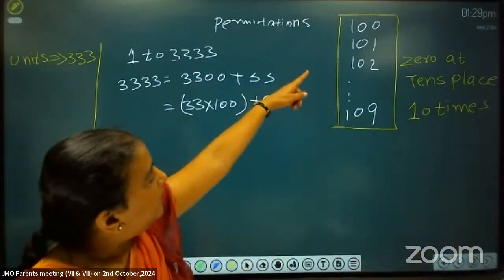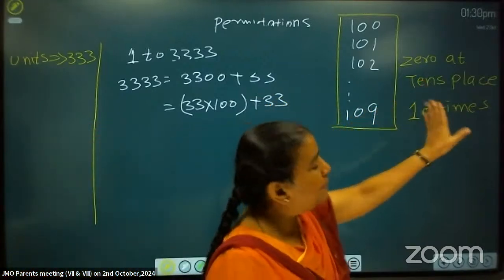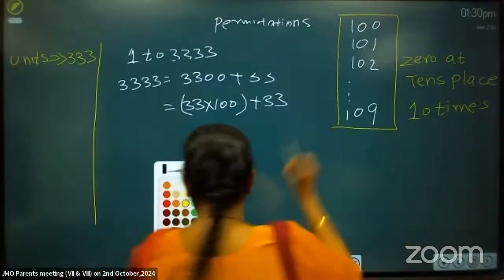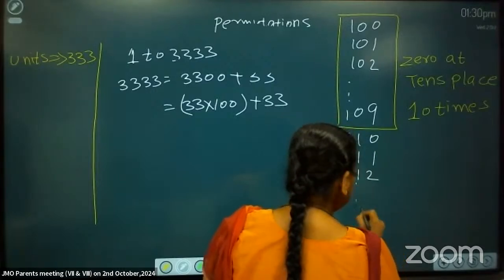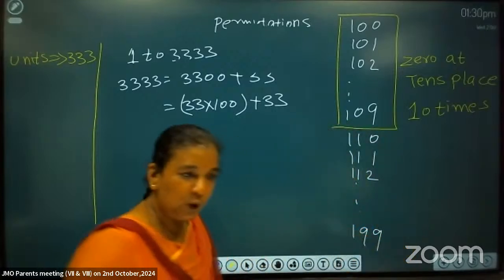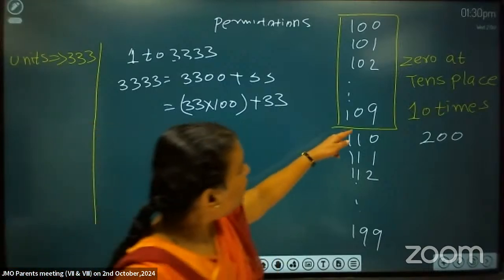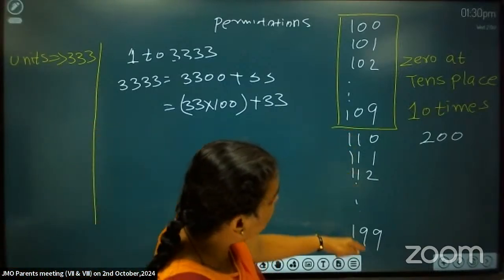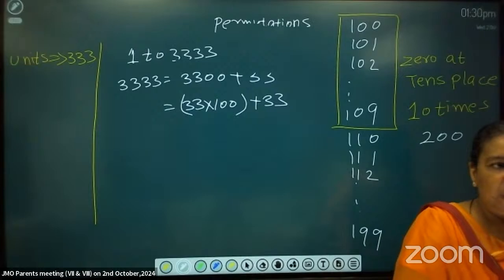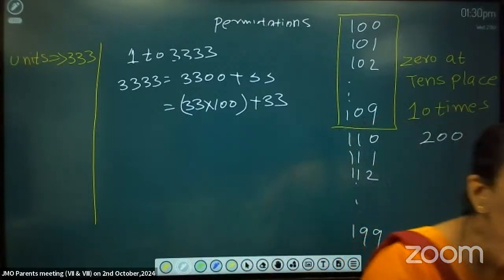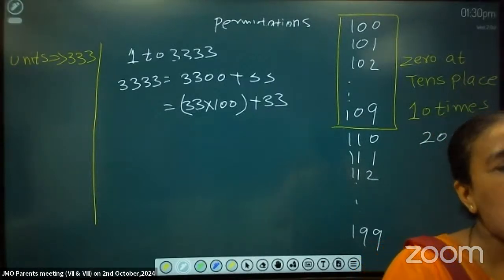Now if I write 110, 111, 112 and so on up to 199, because after 199 I am going to get 200, you will find there is no 0 at the tens place in all these numbers. So when I go from 100 to 200, in between there are 10 numbers which have 0 at tens place.